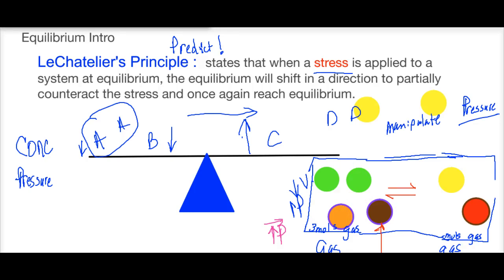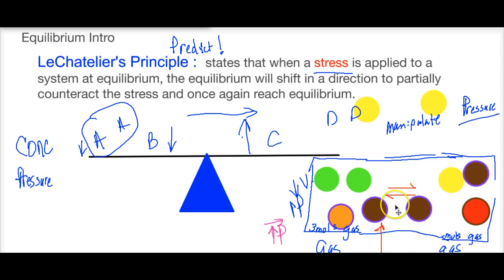Inert means it's not going to react with anything in here. It's just going to bounce around. We can add those all day long. But due to the nature of gases, we are not going to change our equilibrium. Our equilibrium is going to remain the same, because these are going to be everywhere.